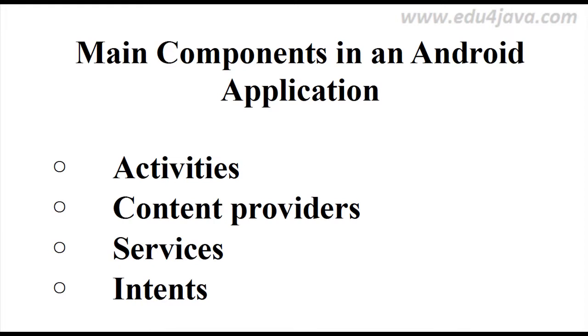I can send an intent saying, okay, I want to open this URL, and the operating system is going to choose, or let you choose, which application you are going to really open this URL with. Intents can carry data from one component to another. I think we are going to see more about intents in future tutorials.